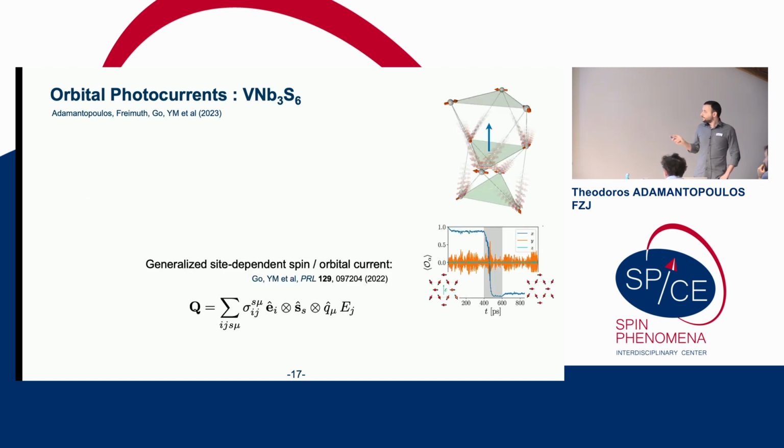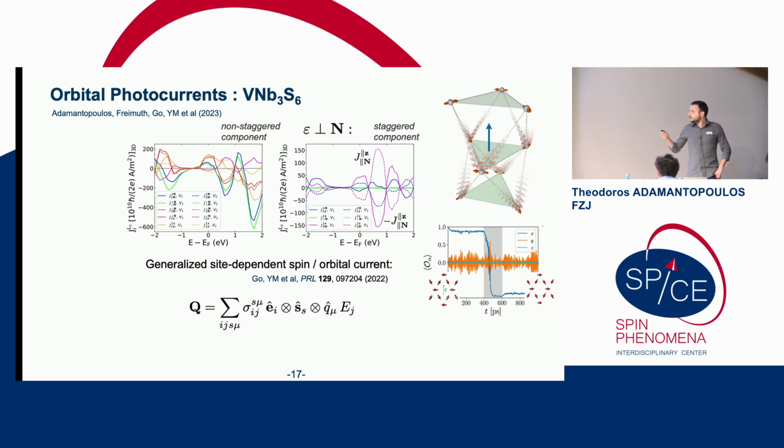In a last step, we became motivated by a recent consideration of current-induced generalized sublattice-dependent spin or orbital currents, and we have a look into the atom-resolved laser-induced orbital photocurrents. We decompose them into non-staggered and staggered components, and as you can see, we were able to pick up a perfectly staggered component which flows parallel to the Néel vector with out-of-the-plane spin polarization.